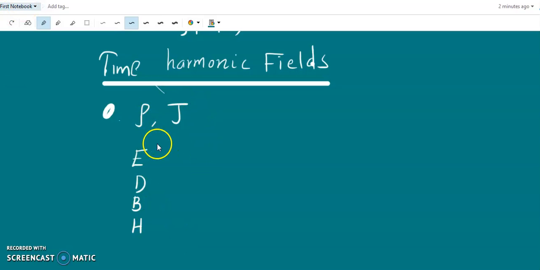So, if rho and J vary with a particular frequency and they are harmonic too, then the corresponding fields E, D, B, H will also be sinusoidal and vary with the same frequency as the source functions, since the Maxwell equations are linear differential equations.